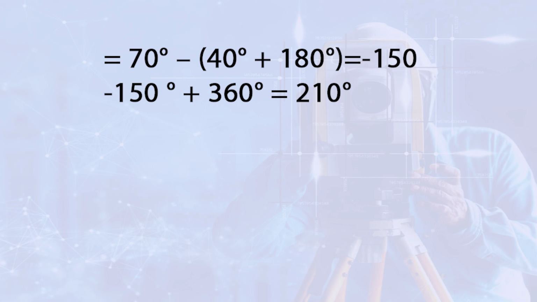So, the equation will be 70 degree minus 40 degree plus 180 degree, which will give you minus 150 degree. Then since it is negative, we will add 360 degree to it, minus 150 degree plus 360 degree, which will result in 210 degree. So, included angle B will be 210 degree.